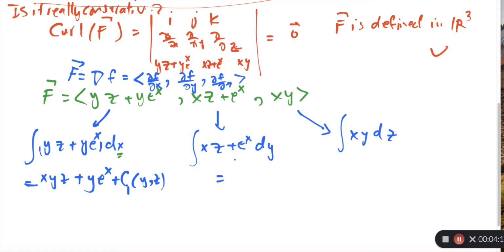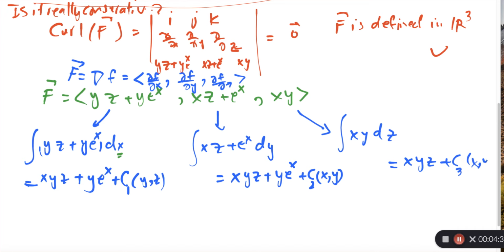Then do the antiderivative of xz with respect to y, which is xyz, plus with respect to y, e to the power x, plus c2, now the other two variables again, the constant. And now here it's xyz plus c3, and the constant is the other two variables.